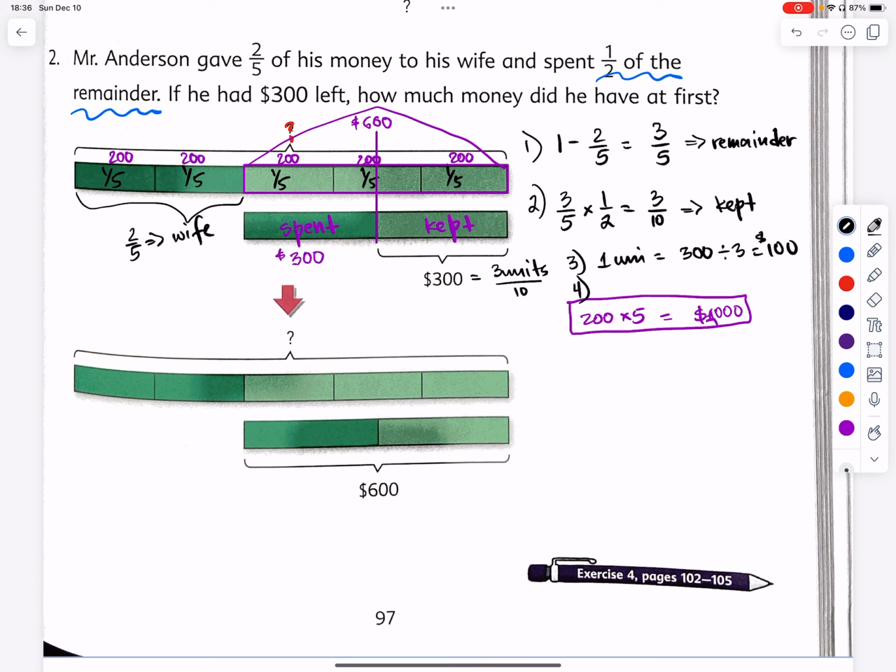And finally, if there are 10 units total, 100 times 10 gives you $1,000, which is the same answer we arrived at earlier. My friends, you can use steps of fractions. You can also use bar models. I highly encourage you to use bar models.